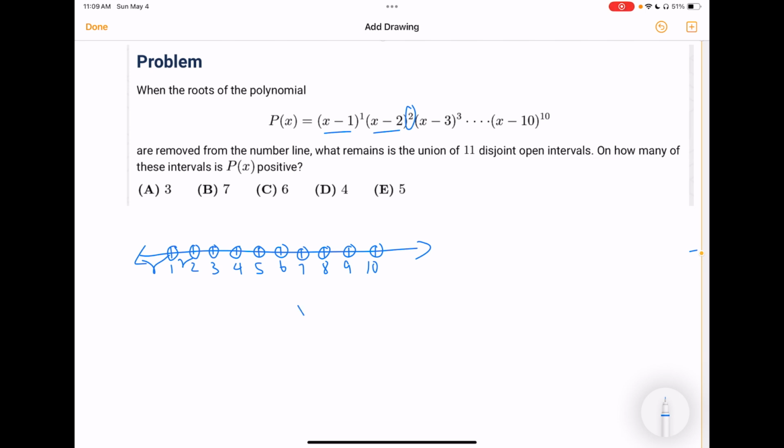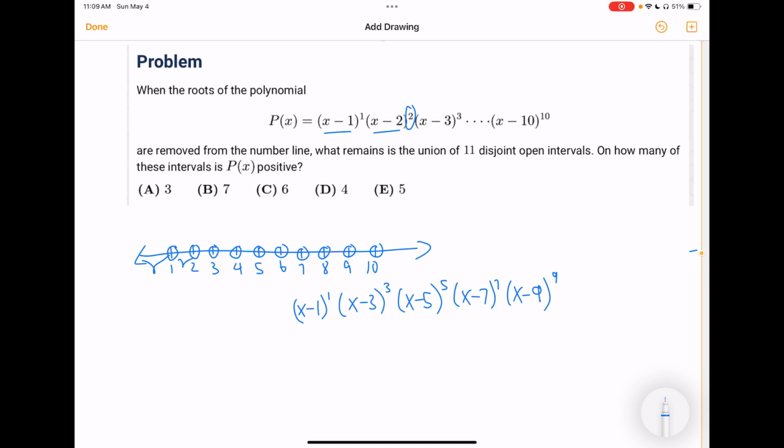That would be x minus 1, x minus 3, x minus 5, and so on. These are the ones that we want to focus on.